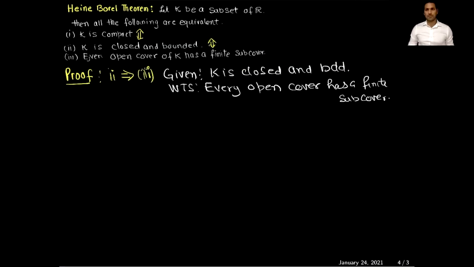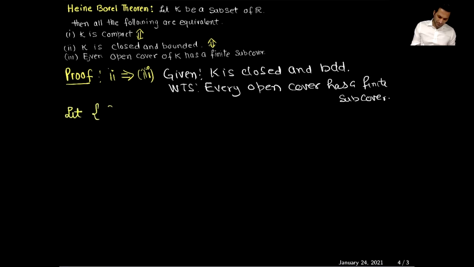Next we will prove second implies third. What is given is K is a closed and bounded set, and we want to show that every open cover has a finite subcover. So let me take an arbitrary open cover.